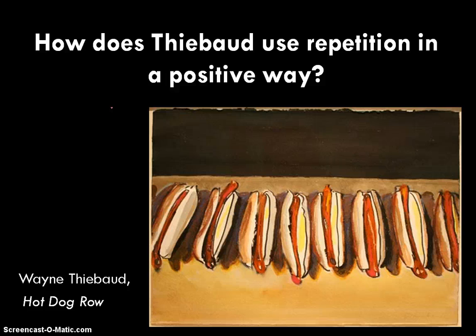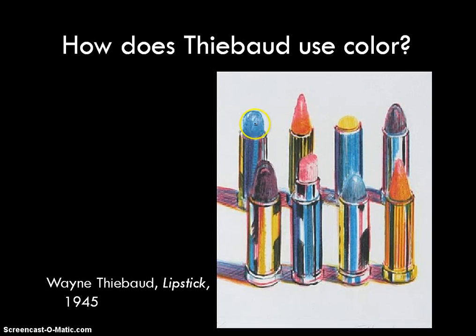Starts with a V. Variety is actually a principle. He's not necessarily using variety here. He uses variety more in other paintings, because variety is different elements of art, like a lot of them, to create a cohesive painting. So here he's repeating. He's got color, line, shape, space.